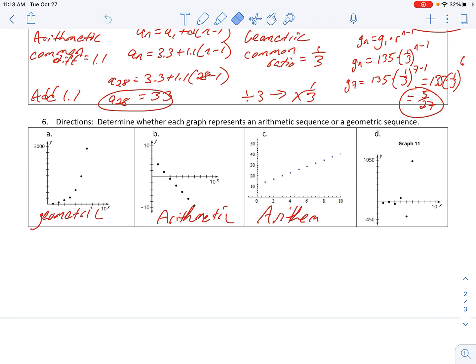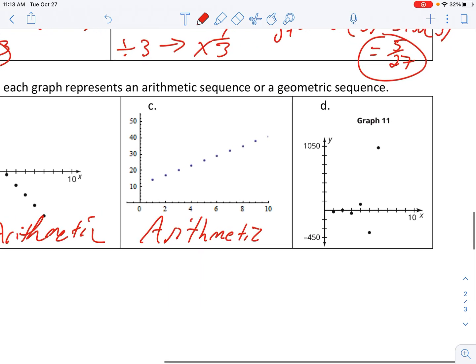Now, the last one there is not a curve, but what I notice, and this is one of the geometric graphs we've looked at before, is that it goes negative, positive, negative, positive, negative, positive. As it alternates like that, what this is actually an example of is a geometric sequence.